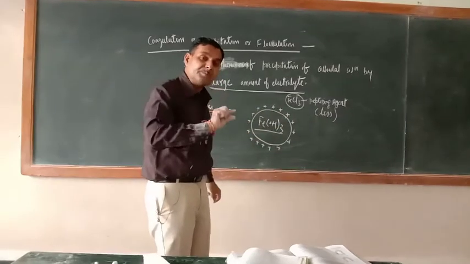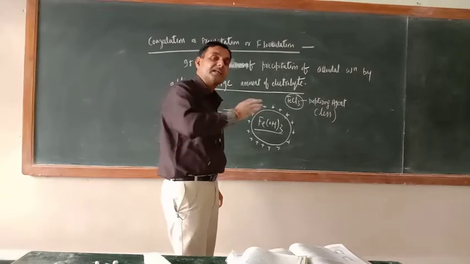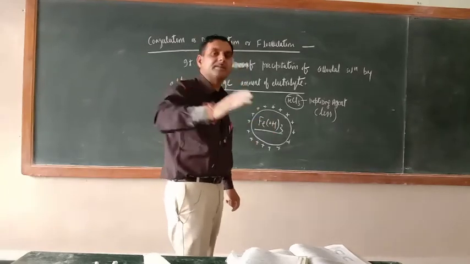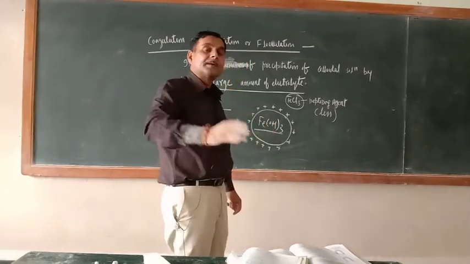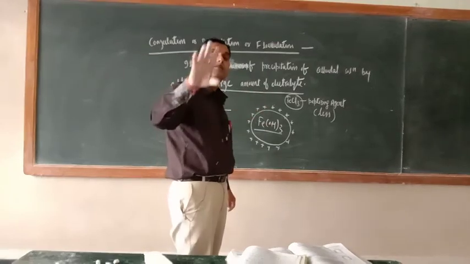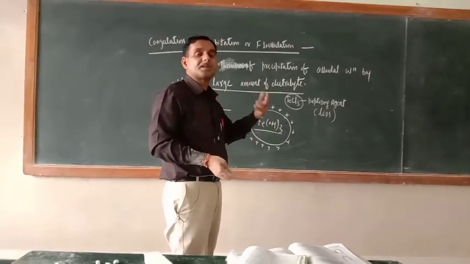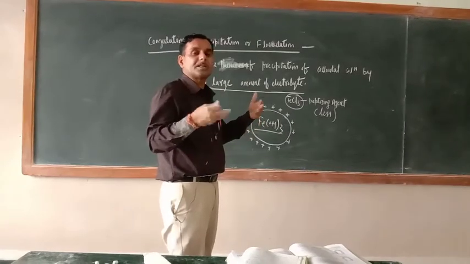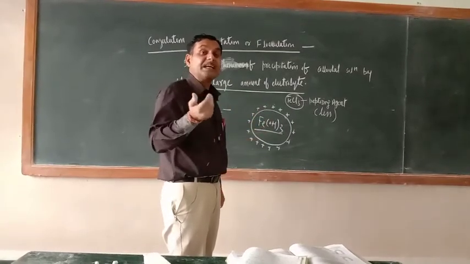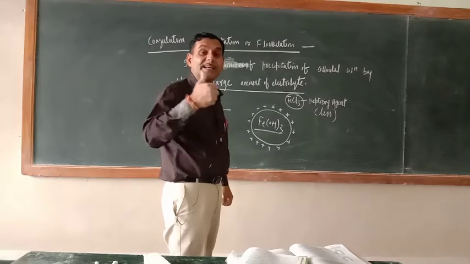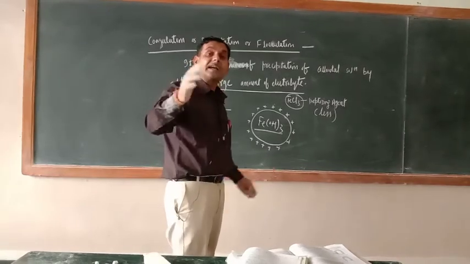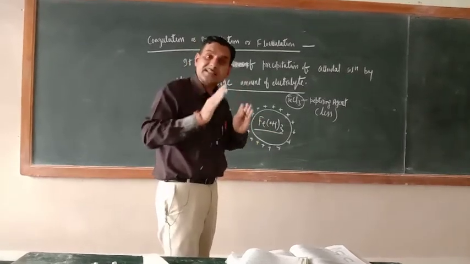Because of being similar charged particles, they will repel each other. Because of this repulsion, all those particles will not come close to each other. When they do not come close to each other, they will be individual entities and they will not aggregate, they will not settle down.